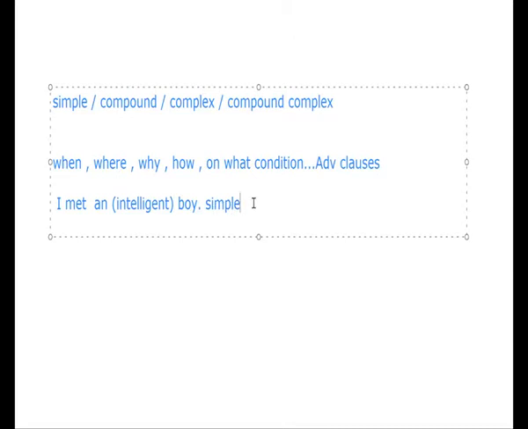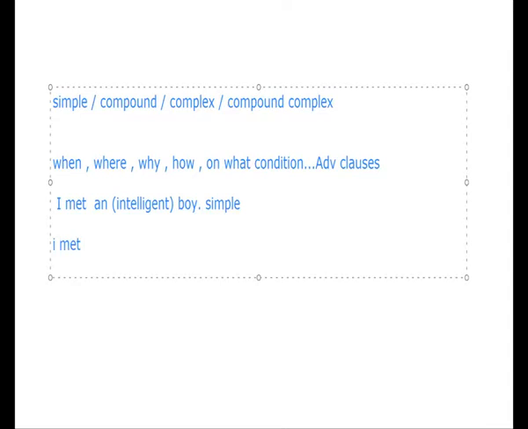Now, see what I'm going to do with this. I met a boy who is intelligent. I met a boy is one primary sentence.